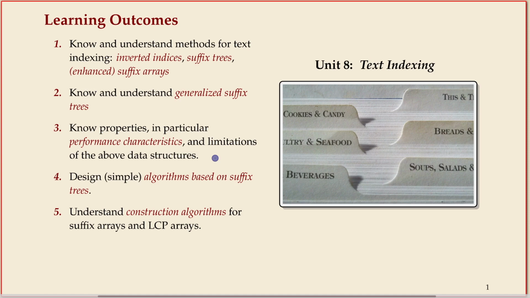I want you to know what the performance characteristics are, so that when you use them, where you usually won't implement them from scratch because they're standard methods, there's good libraries available, but you need to know how they behave to use them effectively. Same story as we had in many other units. And then going a little bit beyond what's already there, I want you to be able to combine things in a simple way, at least. Solve new problems using similar techniques, combining things from what we will see in this unit.